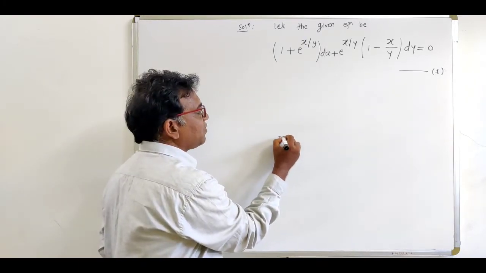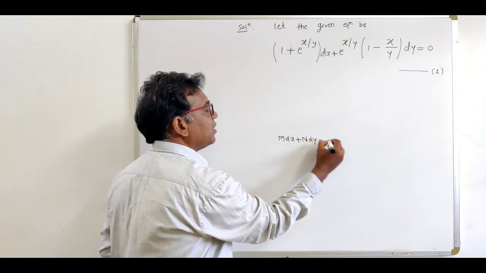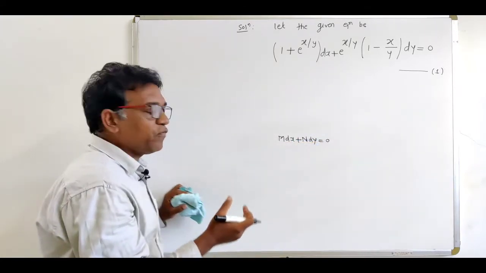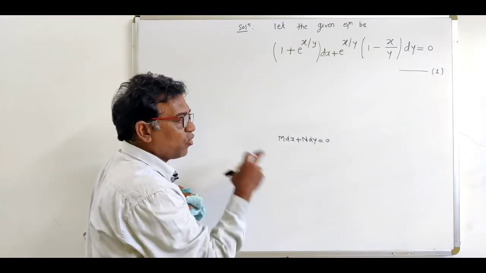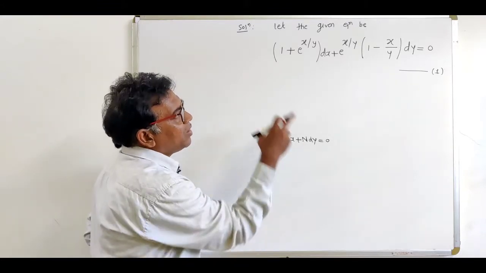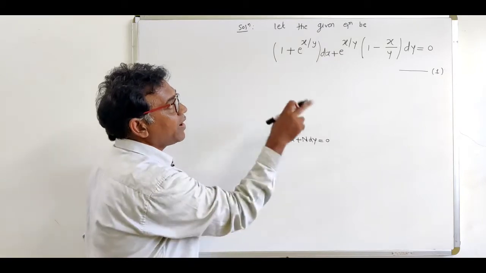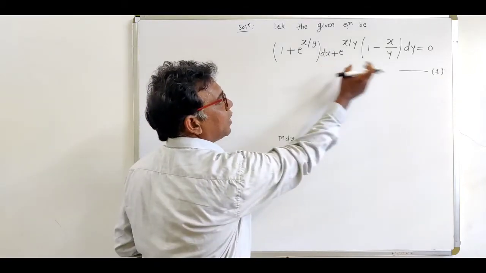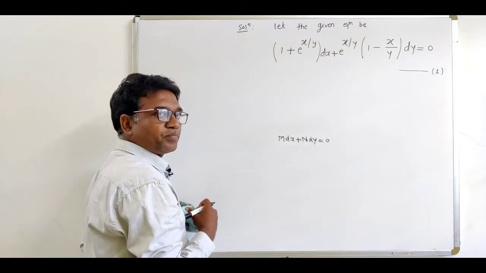A differential equation M dx plus N dy equal to 0 is the standard form of the differential equation of first order and first degree. This is our standard pattern, the required form. So this is our proper form.